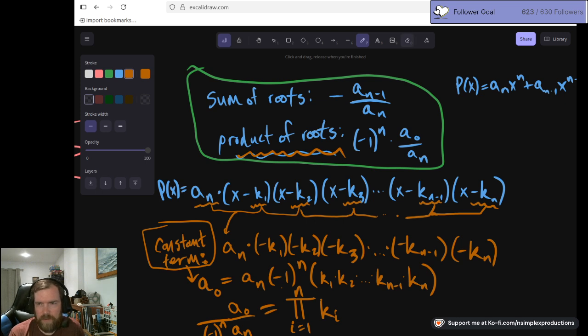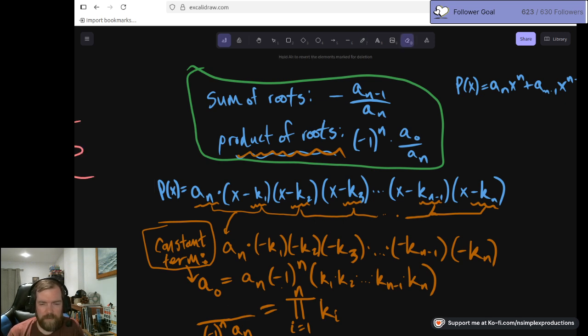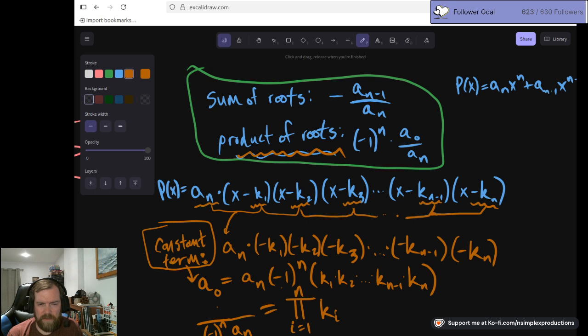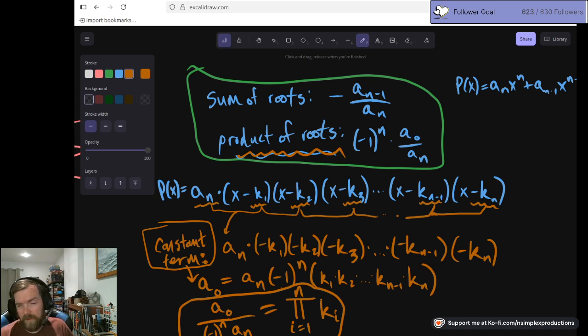It's still going to be based on the number of negative numbers that we have, so whether that is even or odd. An even number is going to get us a positive value, and an odd number is going to get us a negative value. Okay. Cool. I like it.